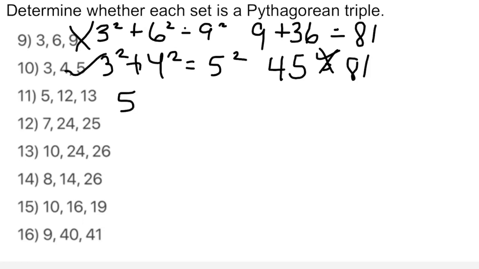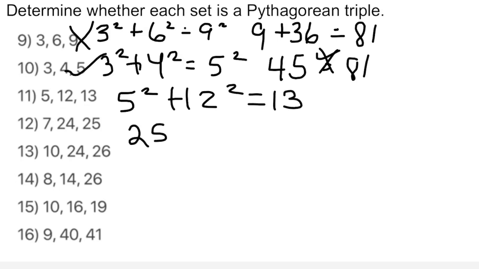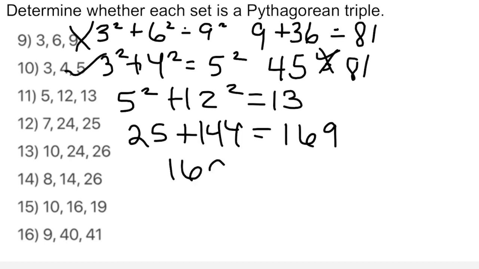Number 11 is 5 squared plus 12 squared equals 13 squared. 5 squared is 25. 12 squared is 144. 13 squared is 169. 144 plus 25 equals 169 equals 169, which it does. So number 11 is a Pythagorean triple.